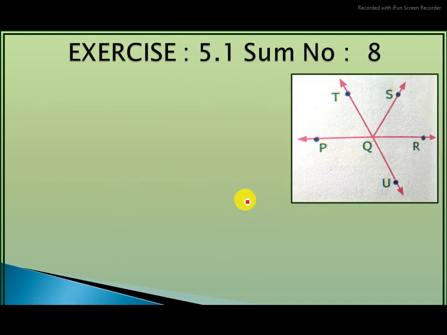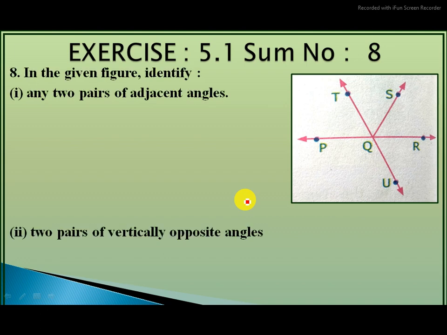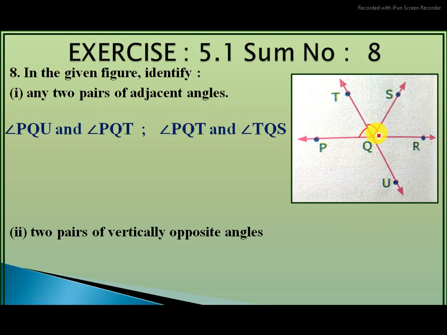Okay, next sum. In the given figure, identify any 2 pairs of adjacent angles. So you have a lot of adjacent angles. You are asked to mention any 2 pairs of adjacent angles. You can take angle PQT and angle TQS, as simple as that.